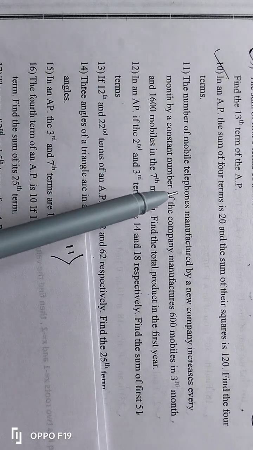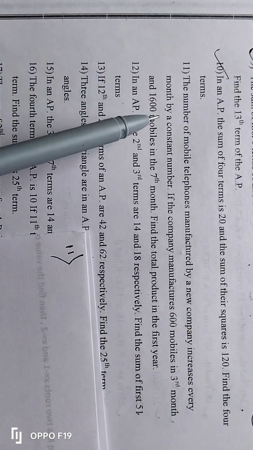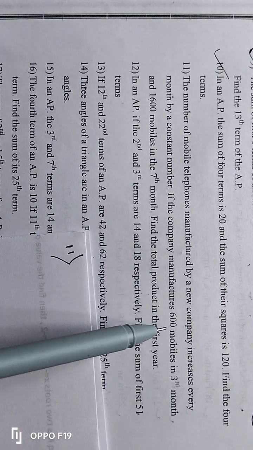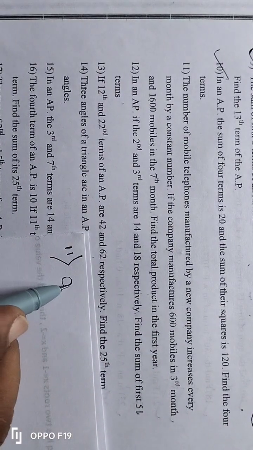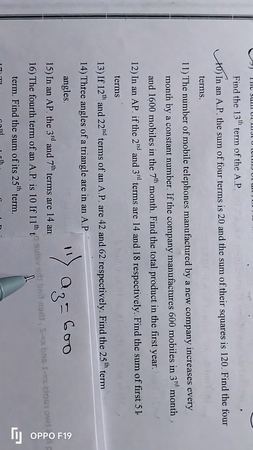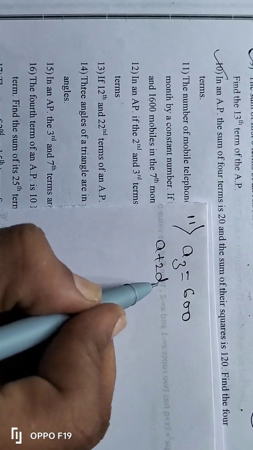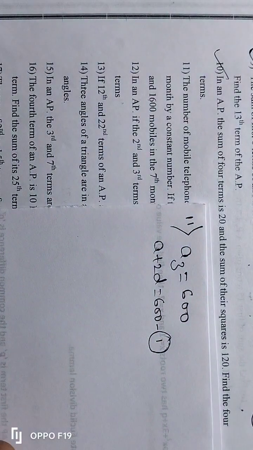The number of mobile telephones manufactured by a new company increases every month by a constant number. If the company manufactures 600 mobiles in the third month, that means A3 is equal to 600, and this A3 can be written as A plus 2D is equal to 600. You call it equation 1.